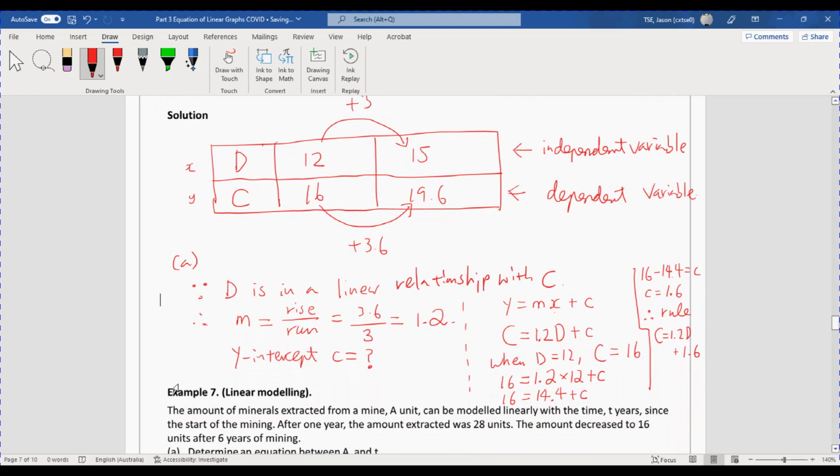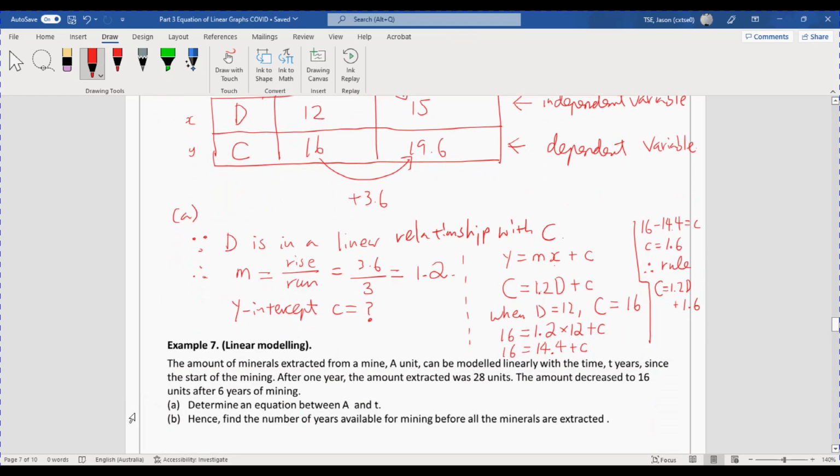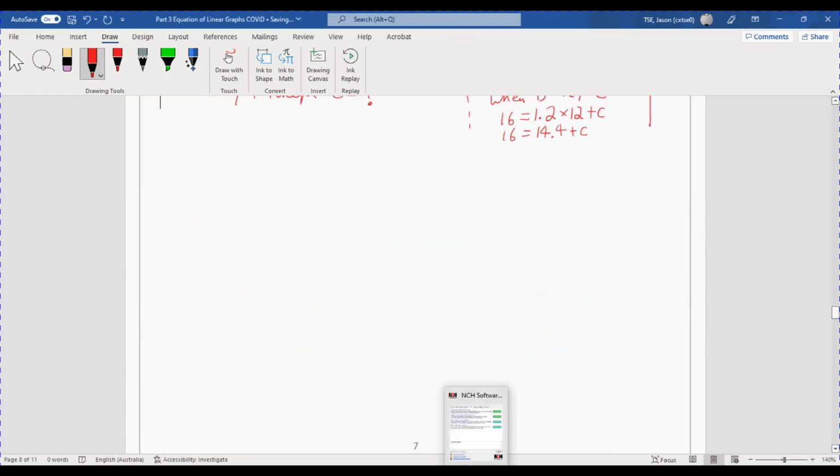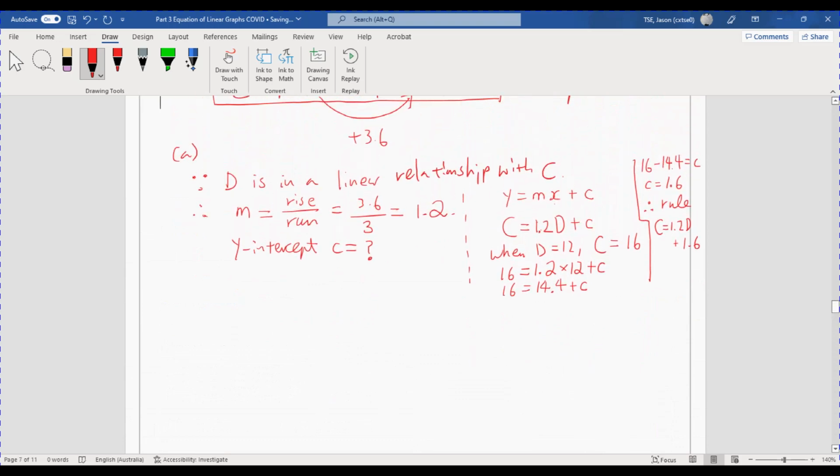I just need to create some spacing on my screen. Okay, now I have plenty of space. I'm going to write the answer here. So my rule is C equals 1.2D plus 1.6. So that's the answer for part A.